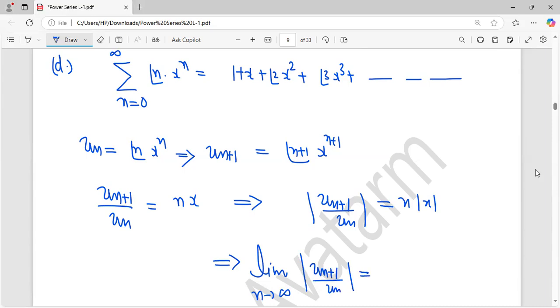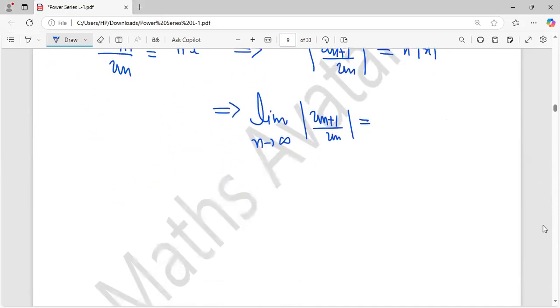So what is this limit? This limit is infinity if x is not equal to 0 and 0 if x is 0. Because if you put x equal to 0, this will become 0 and if x is not 0, it will go to infinity. Okay.